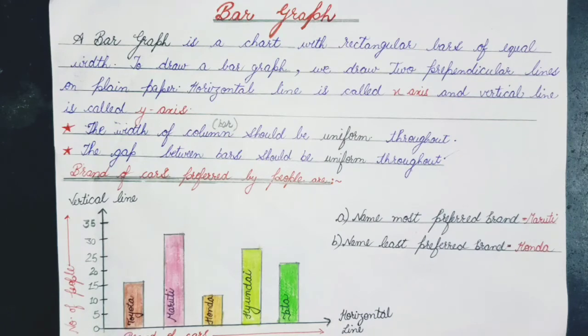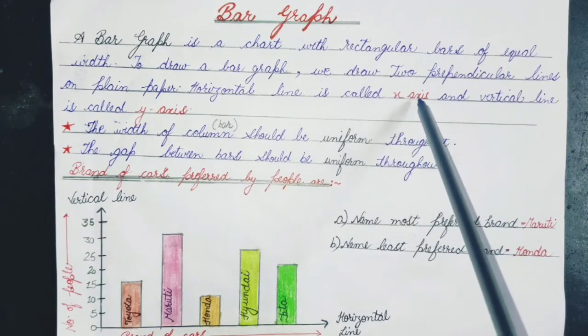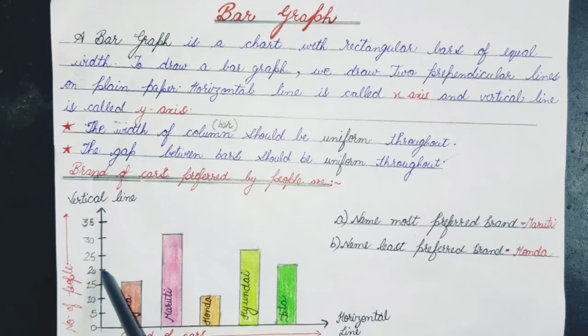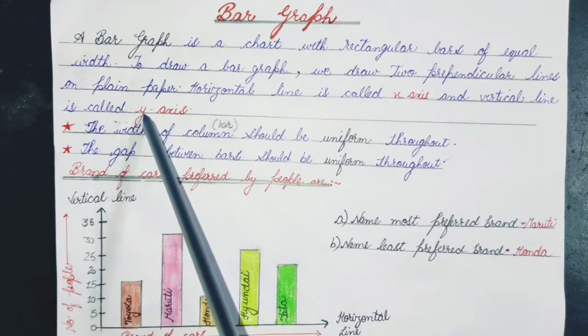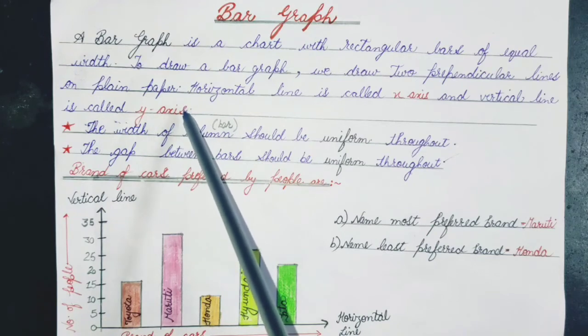Right? This horizontal line which you are looking at here is known as x-axis, and this vertical line is also called y-axis.